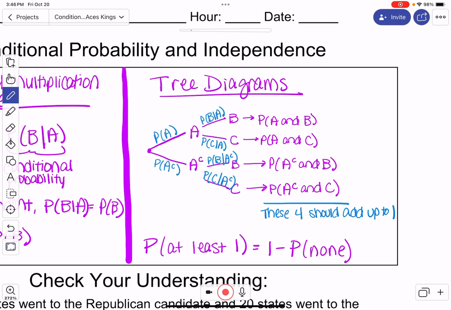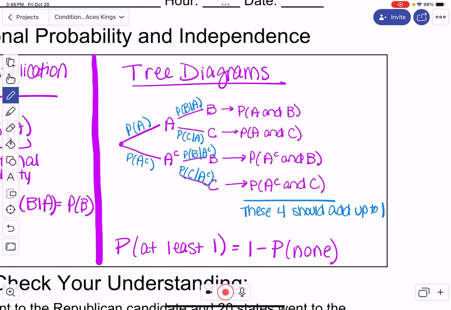Now, tree diagrams, this is what we just did. You take your first event, you do the probability that it can happen and the probability that it can't happen. So those two should add up to 100% or 1 in that first branch there. And then given 2 more events extended beyond there, you've got the probability of event B given A, probability of event C given A, or the probability of event B given the complement of A, which is just, you subtract it from 1, and the probability of event C given A didn't happen.